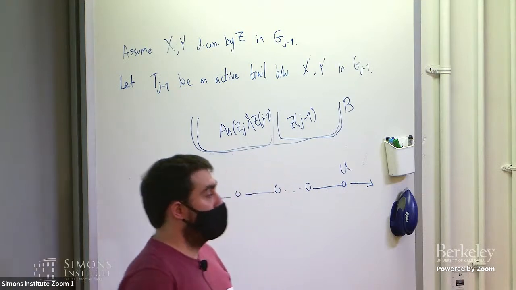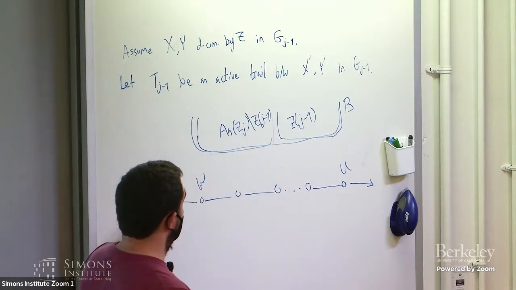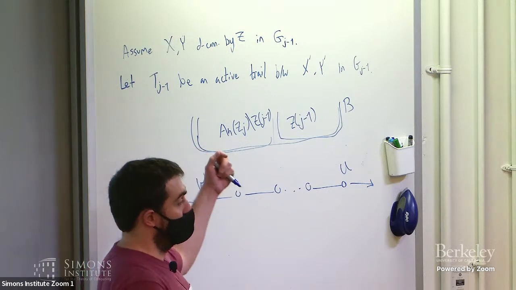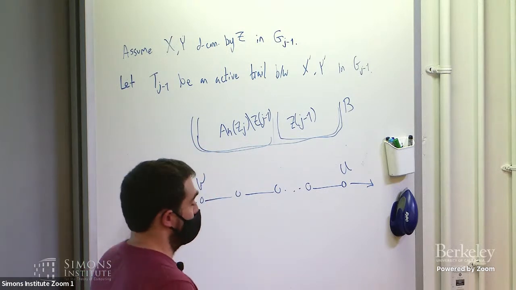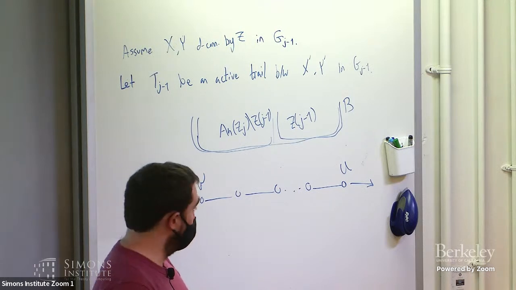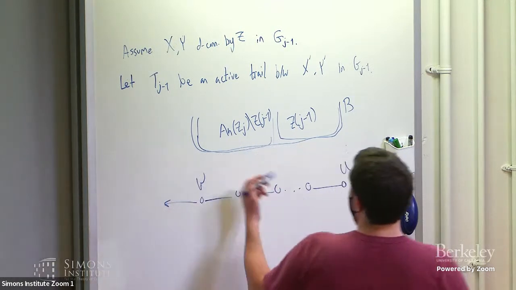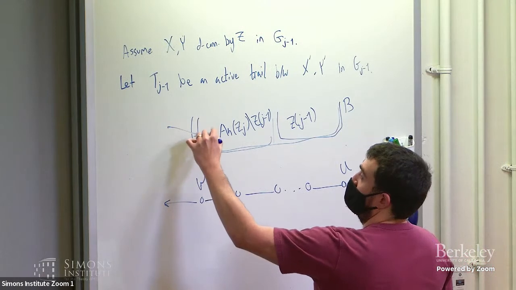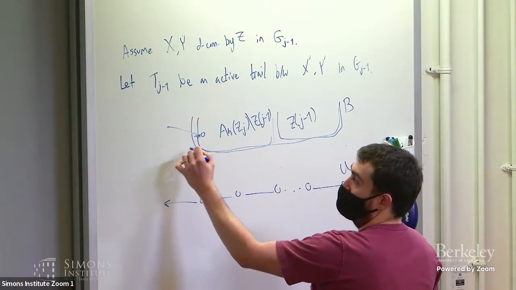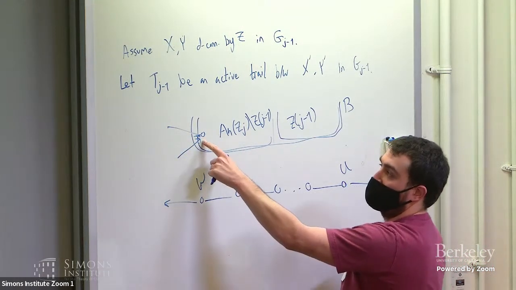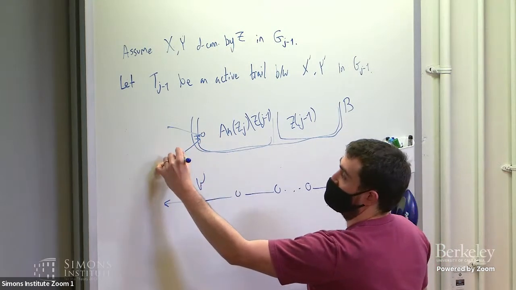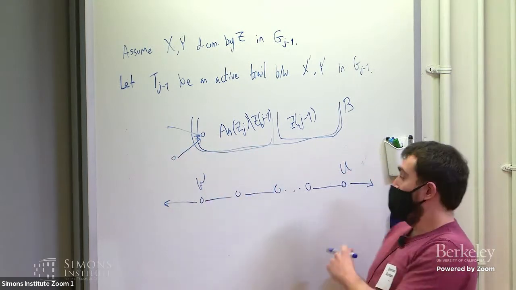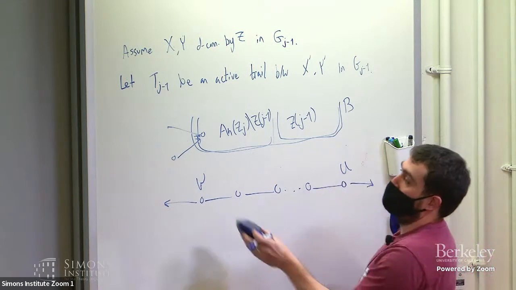Yeah, so that can't happen because there are no incoming edges into this set. Right, so I can't enter here and then leave the set with an edge in this direction because this vertex would also be in the set.